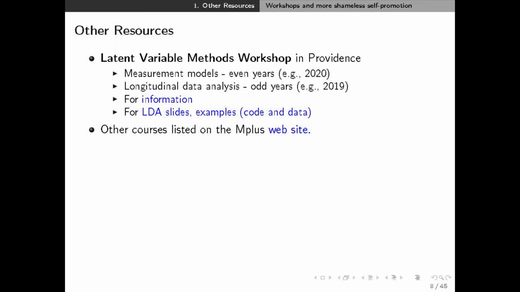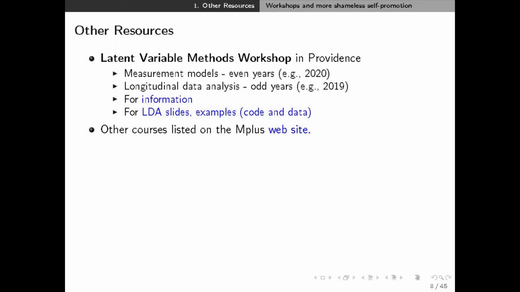It gives you a chance to test it out and see if it might be useful for your purposes. But more importantly, my materials for that workshop are available online, and all you have to do is click that link and you can go right to my website. You can also search for it. It's called lvmworkshop.org.